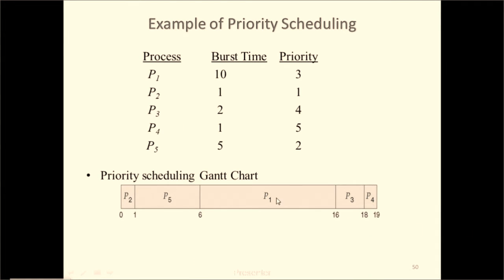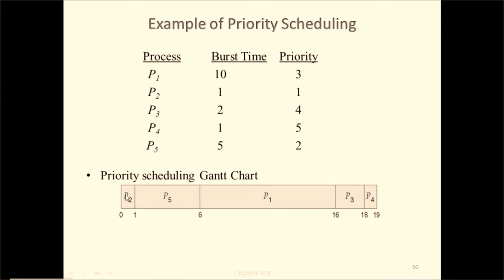This is the Gantt chart, presuming that every process in the system has been submitted at t equal to 0. All processes have come at the same time. So now it becomes very simple. Instead of shortest job first, highest priority first is the algorithm. How much CPU time a process uses is mentioned here, but the scheduling is done based on the priority.